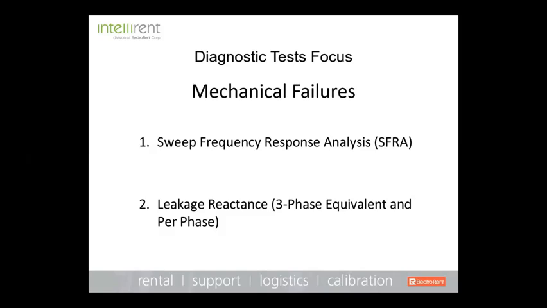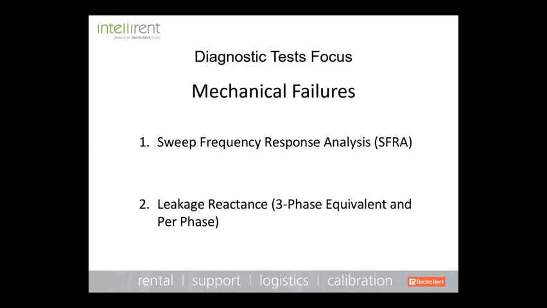Now, let's think about what we do when we perform dielectric testing or electrical testing on a transformer. Maybe you're doing it annually or every other year. If you do not have any type of through fault monitoring, and you really have no idea how many through faults have occurred or what the magnitude of those through faults are, then when you go out and do your dielectric testing, you want to include a leakage reactance test.